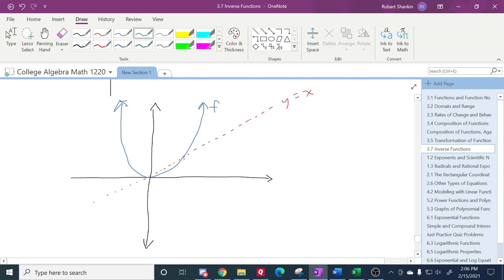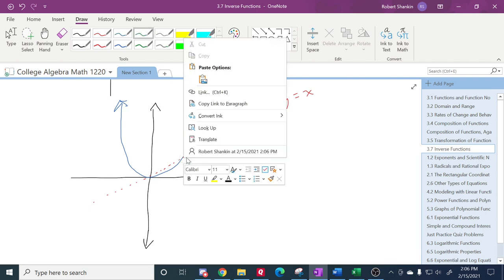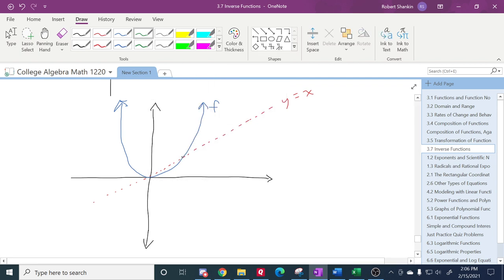Well, what are the points that aren't going to move? Here, and here, and this little thing is going to go like this. This part is going to go like this. This part is going to get folded across.